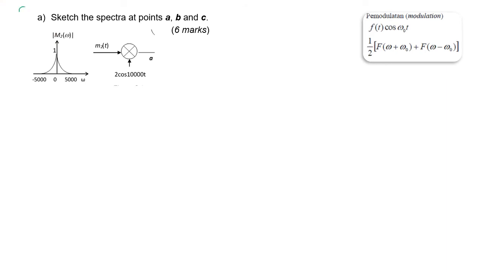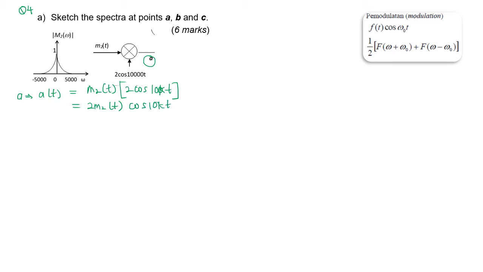Okay, for question 4A, sketch the spectra at point A first. At A, we name it a(t). It's basically m2(t) multiplied with 2 cos 10k t, so it is equal to 2 m2(t) cos 10k t.